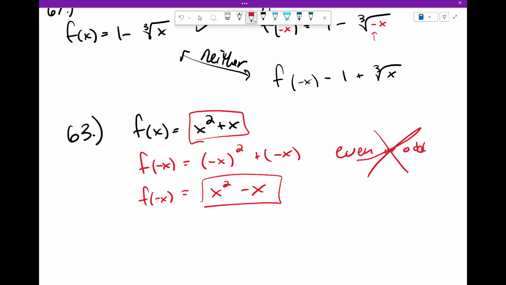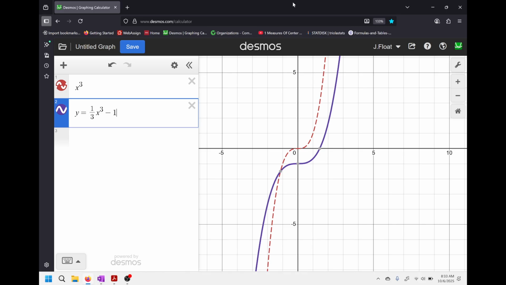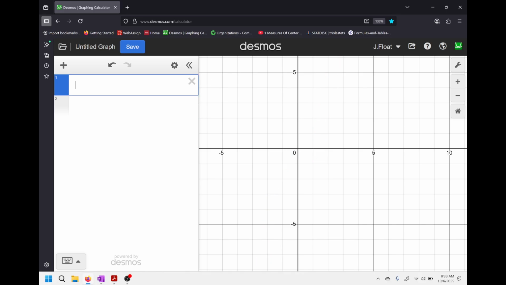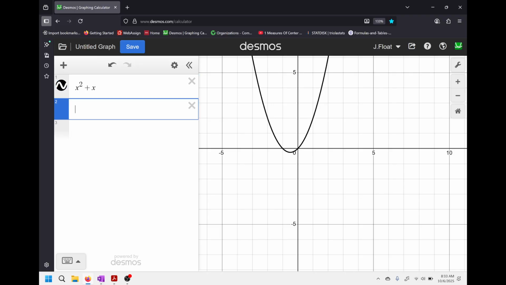In fact, even if we graph this, let's go ahead, let's graph real fast. So we have x to the second plus x, and then x to the second minus x. So notice here it was just shifted over. Like it's not even nor odd, it's neither.